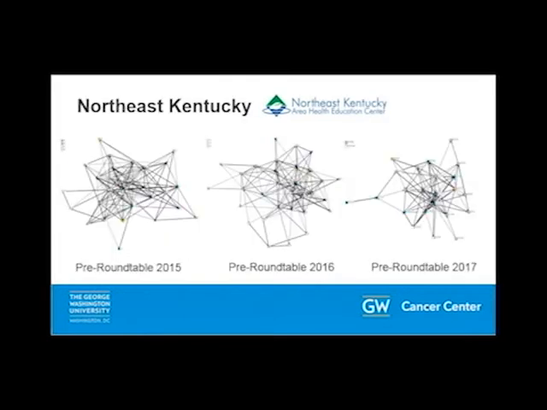So here are the social network maps of how often they communicate. The nodes, or the roundtable members, are the squares, and the relationships are denoted as ties connecting the nodes. So the thicker the line, the more frequently they reported communicating with one another. The blue nodes are cancer professionals, the yellow are chronic disease professionals, gray said neither, and white did not answer that specific question.